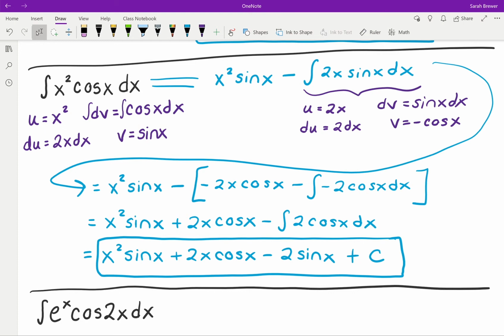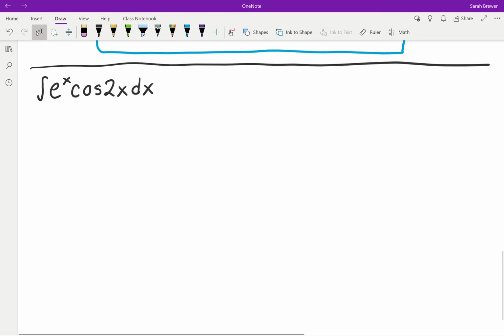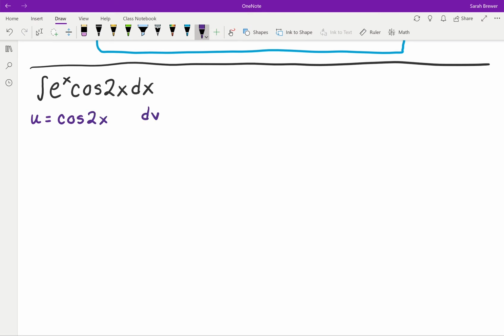It's easier for me to remember my negatives when I'm differentiating sine or cosine than it is when I'm integrating. So I'm going to choose my u to be the cosine 2x part. And integrating e to the x dx, super easy and straightforward.